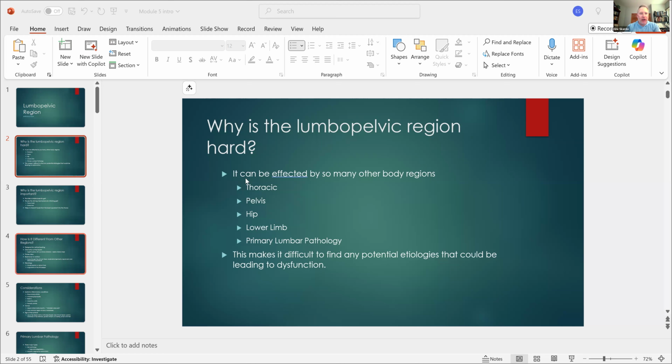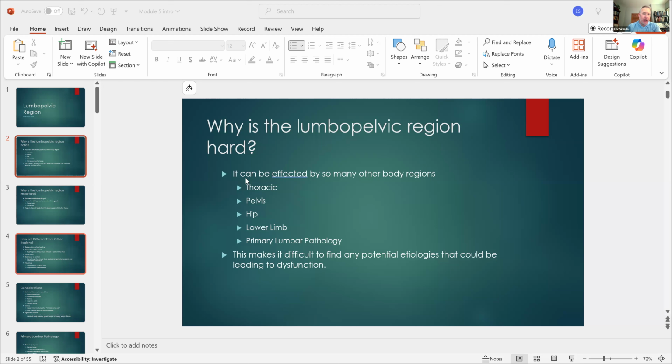T12, some TL junction issues can function more like a primary lumbar pathology than they do a true thoracic ring issue or facet issue or rib issue. So we have to take that into consideration at times as we go through this. Now, I will say if we have a TL junction issue that's affecting the pelvis, it's most likely to be occurring via the quadratus lumborum.